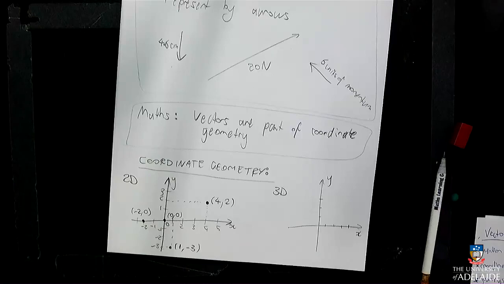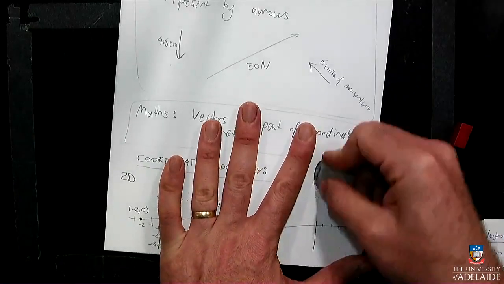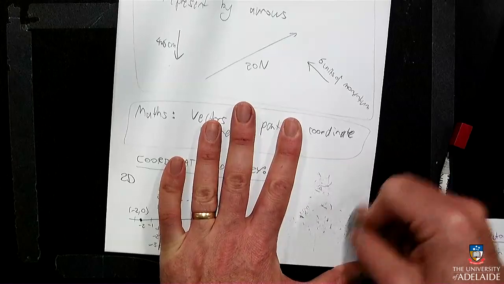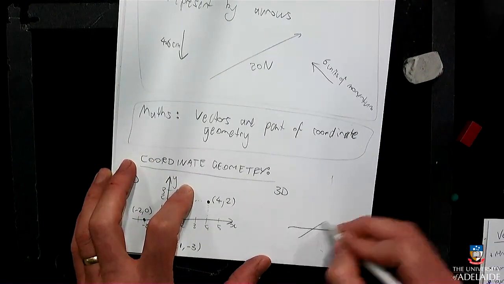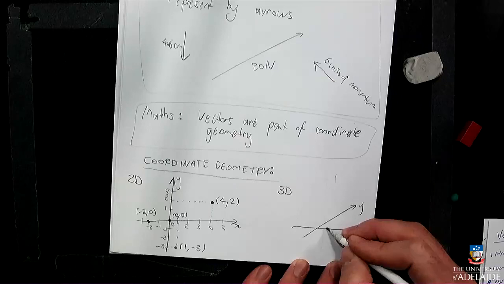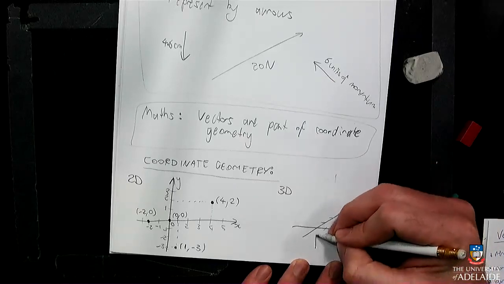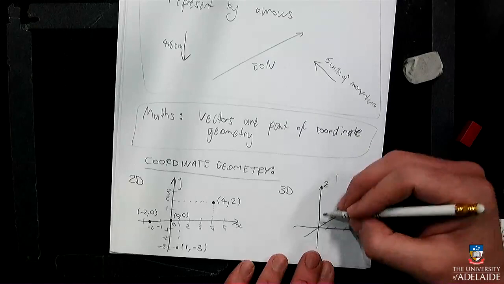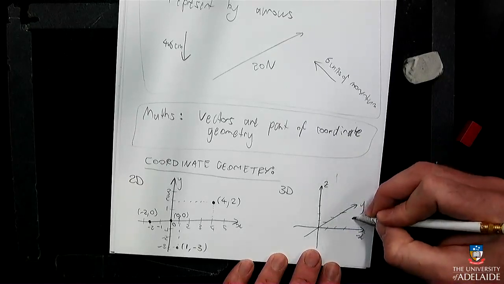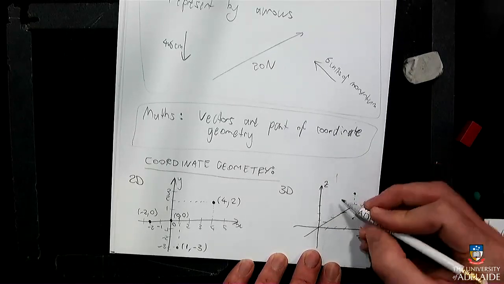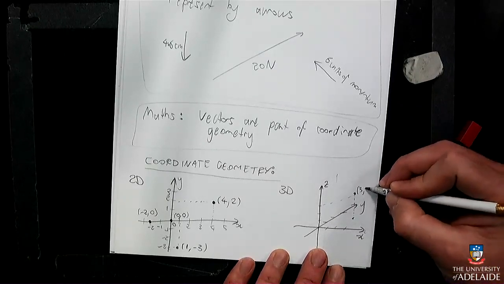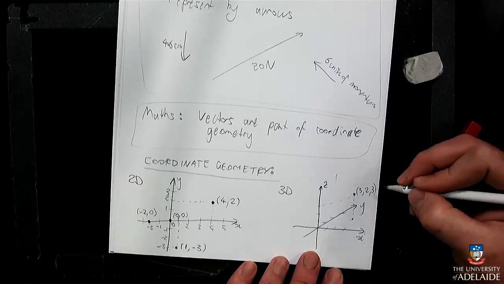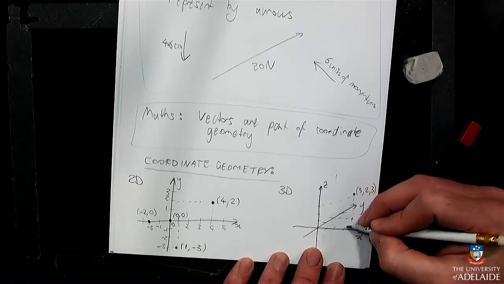So you'd normally draw that on a diagram like this, where you imagine that x and y to be up this way and then falling down, and so it sort of falls backwards like that, and then the z-axis points upwards, and then you might have something like this point here, and this might be 3, 2, 3, for example. 3 for the x, 2 for the y, and 3 for the z.